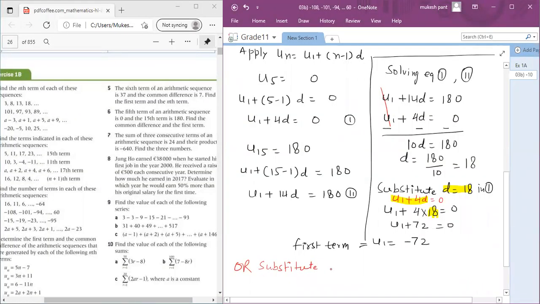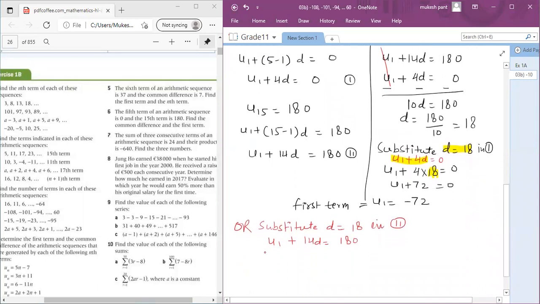Now substitute d equals 18 in equation 2. What is equation 2? u1 plus 14d equals 180.